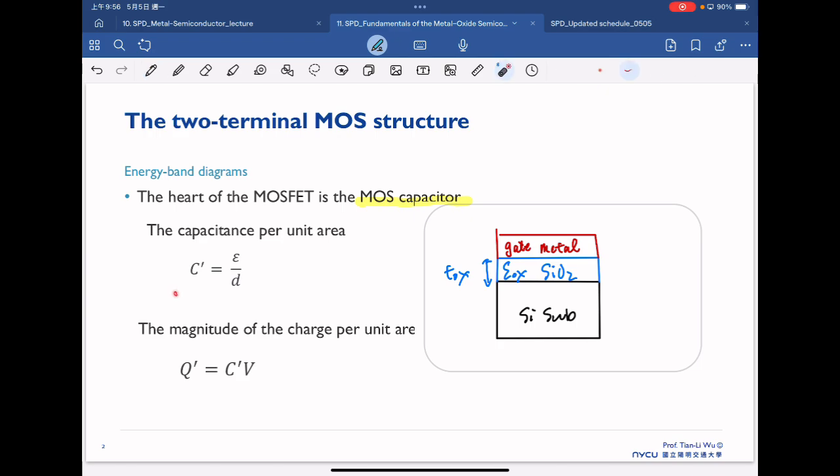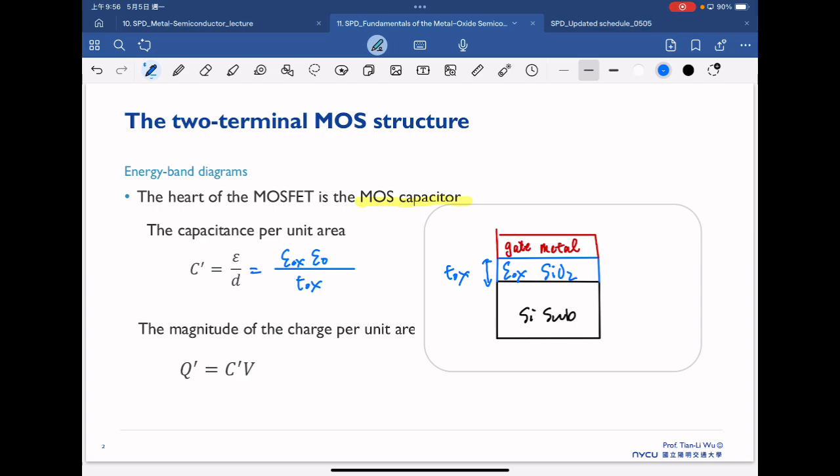The capacitance value can be calculated by the epsilon over the distance. In our case of the MOS capacitance, this will be equal to our oxide thickness and also our epsilon_0 here. So that's a very simple calculation for our oxide capacitance.